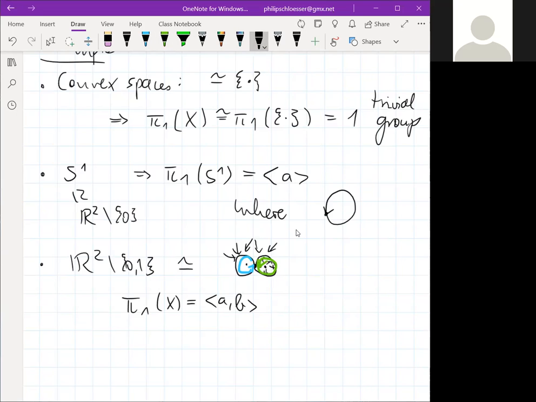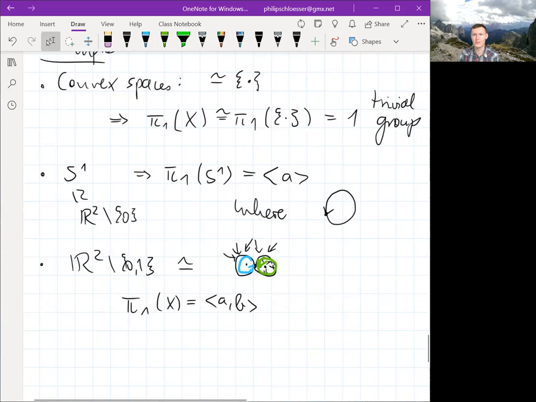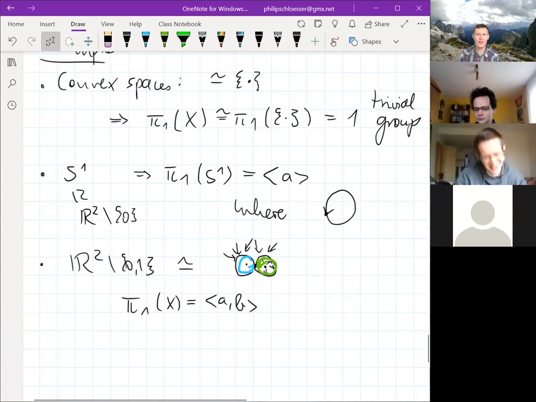Why is this ugly exactly? Because free groups are nothing you usually do much in group theory. They are automatically very much infinite, very non-commutative.